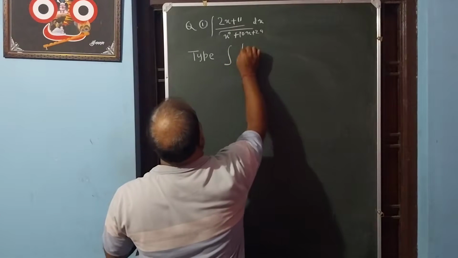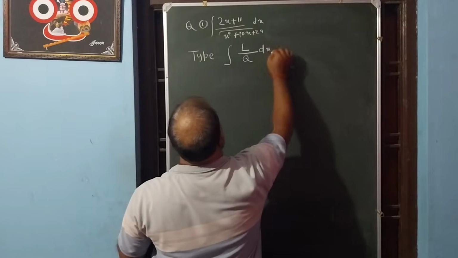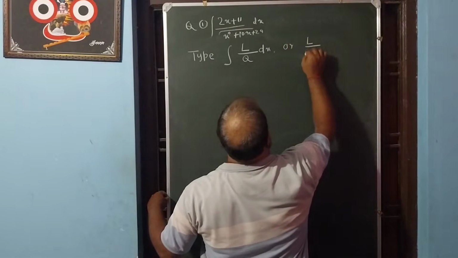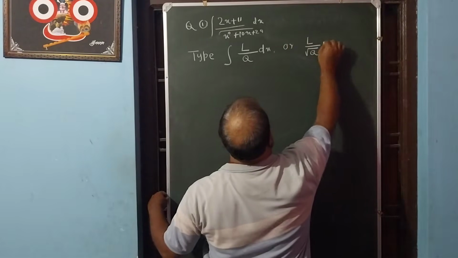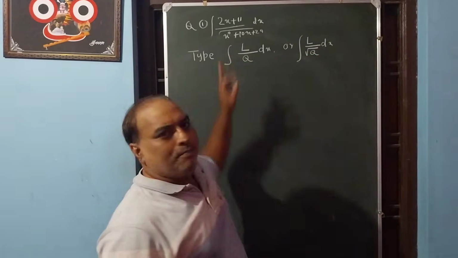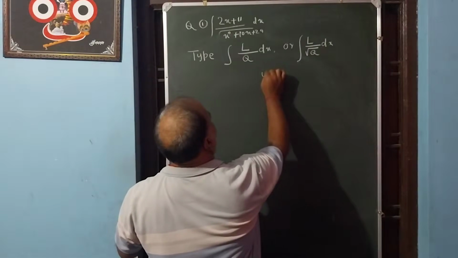Integration of linear by quadratic dx, or linear by root over quadratic dx, where L stands for linear and Q stands for quadratic.